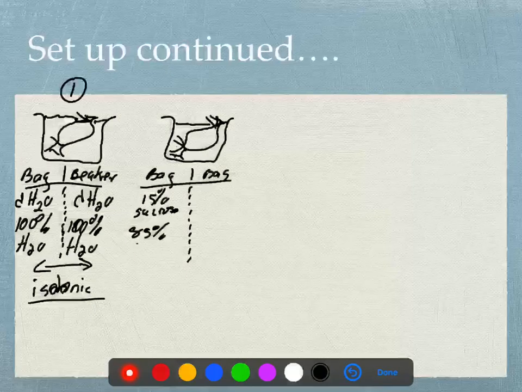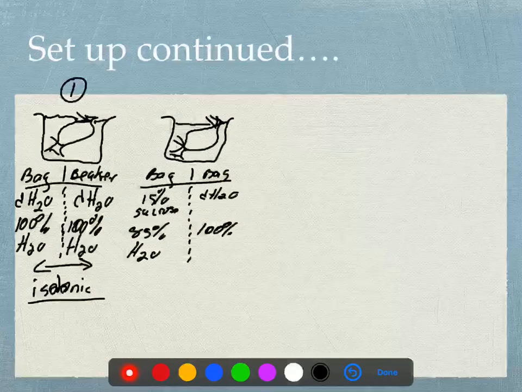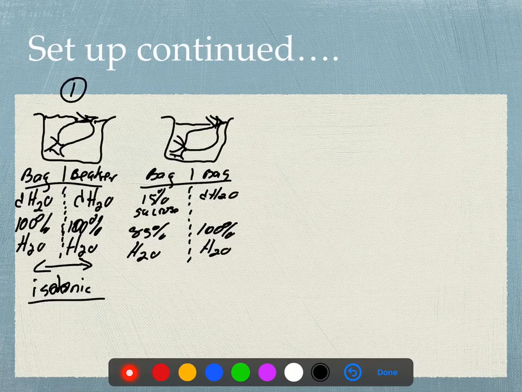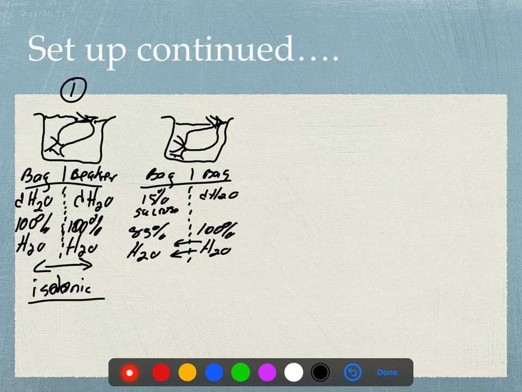So if it's 15% sucrose, you should recognize that that means it's 85% water. The beaker, in this case, would have deionized water, which is 100% water. So what do we expect in this case? Well, we would expect that the bag would start gaining water.